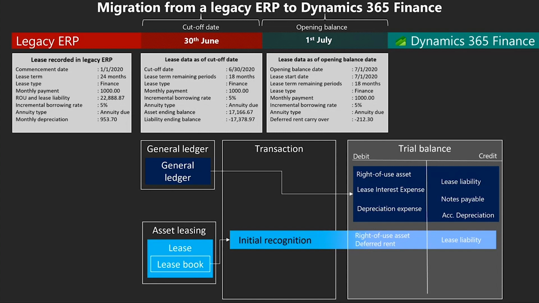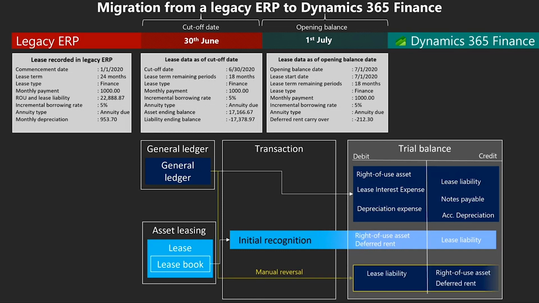To make sure we have the proper opening balance of the right of use asset and the lease liability, we will need to use the deferred rent carryover in order to ensure we match the ending balance from the legacy system. Of course, this transaction will affect the right of use asset and the lease liability balances, so we will need to manually reverse that generated transaction.